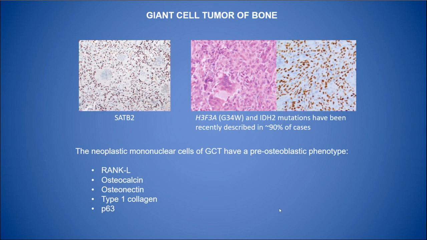And lately, it has been described that giant cell tumors of bone in about 90% of the cases show mutations of the histone-related protein H3F3A, which is detected by an antibody called G34W, and it is extremely useful in the diagnosis of giant cell tumor because there's a strong and robust nuclear staining of the mononuclear cells with this marker. Giant cell tumor of bone also has IDH2 mutation similar to classic cartilaginous tumors of bone, like in chondroma and classic chondrosarcoma.